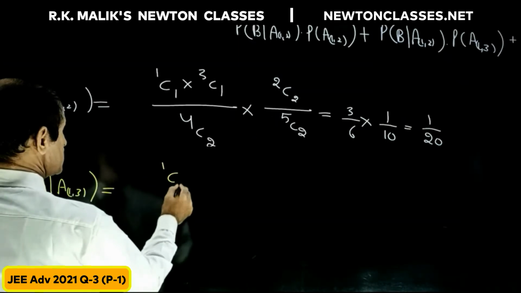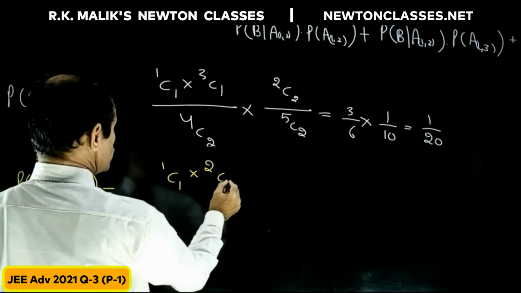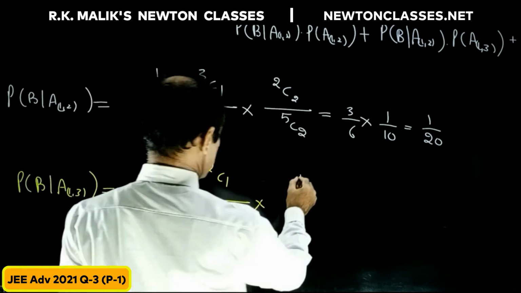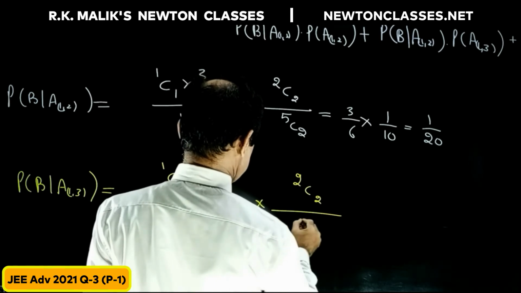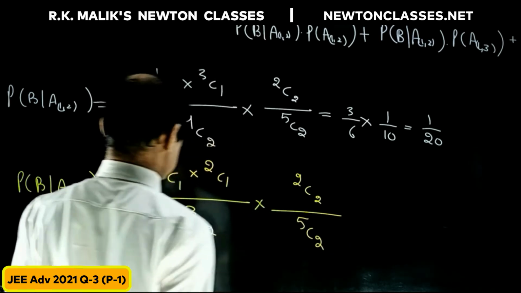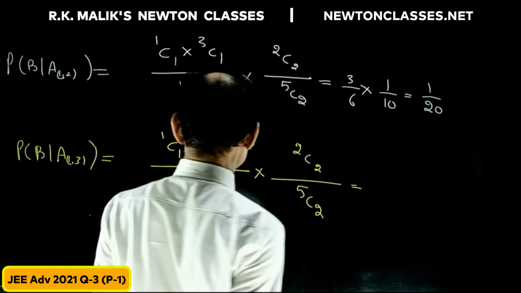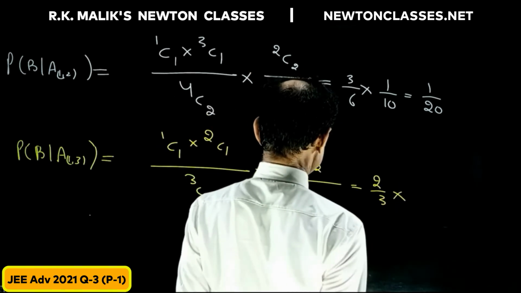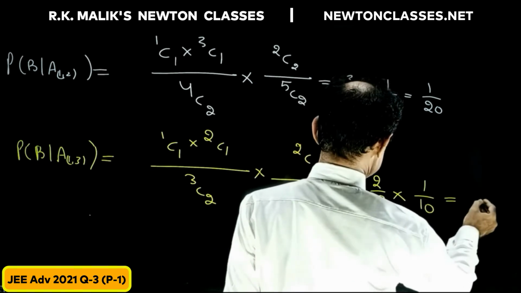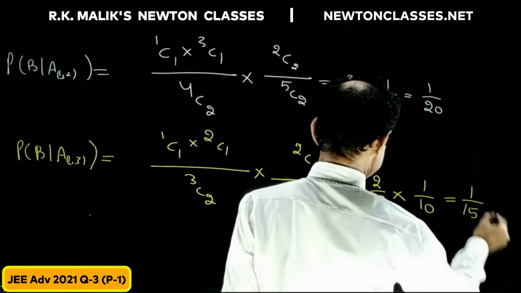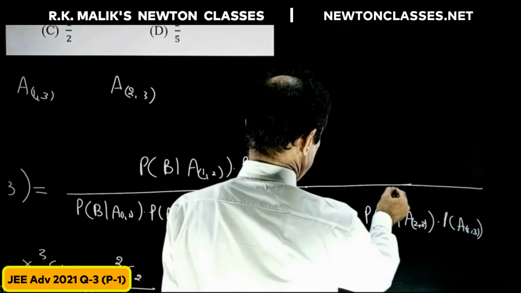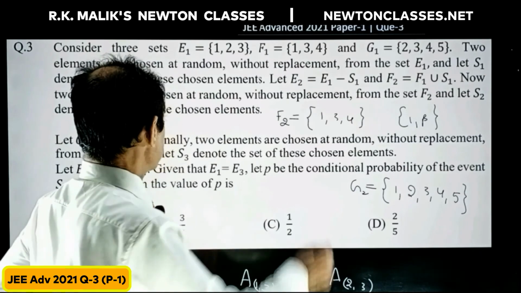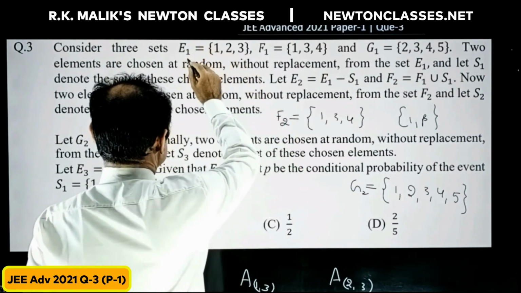That is, it will be 1C1 into 2C1 upon 3C2 into 2C2 upon 5C2. This is equal to 2 by 3 into 1 by 10, that is 1 by 15.